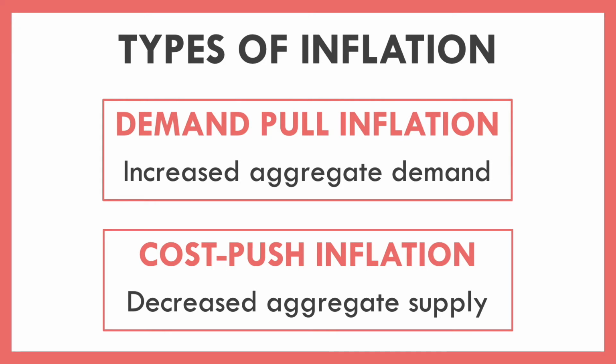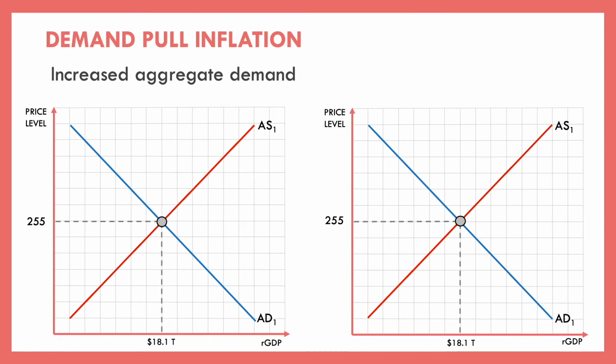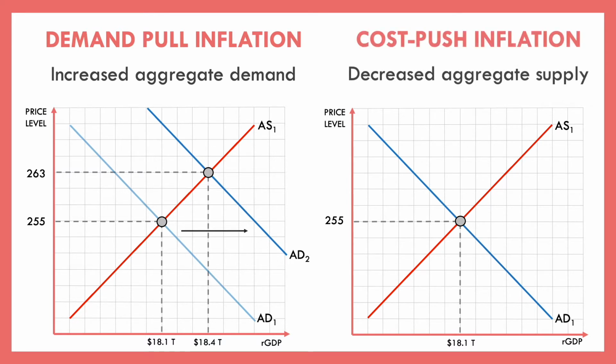So again, if we look at this on the models, demand pull inflation can be characterized by an increase in our demand curve. And if you notice at a new equilibrium, that price level has gone up. That's inflation. So the demand has caused inflation to occur. The same thing could be said with cost push inflation. We said that could be because of a decrease in our aggregate supply.